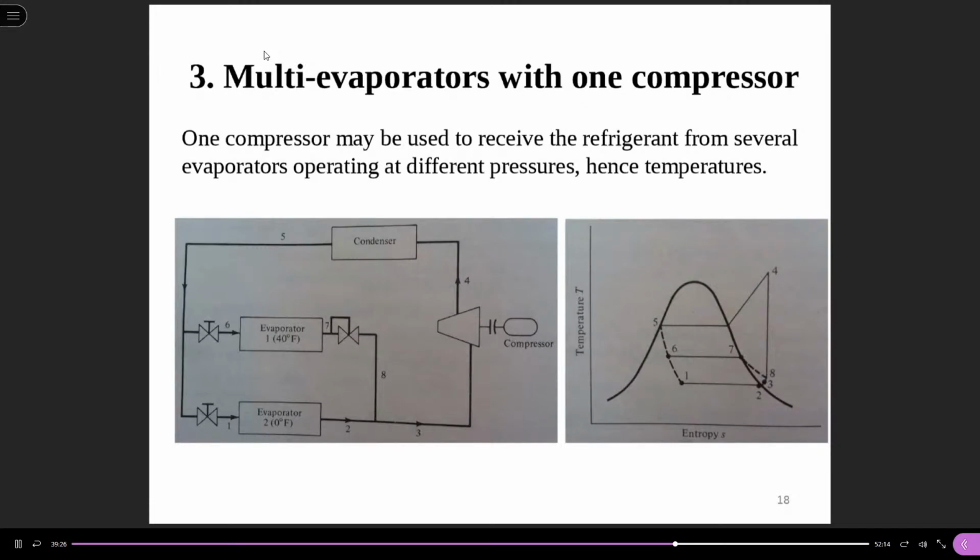For our home refrigerator, we remember we have two cooling compartments. So we can see for some cases we have different evaporating temperatures.